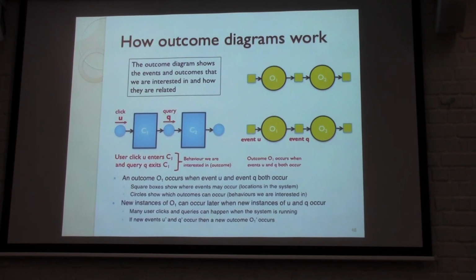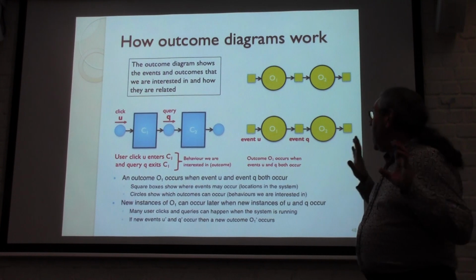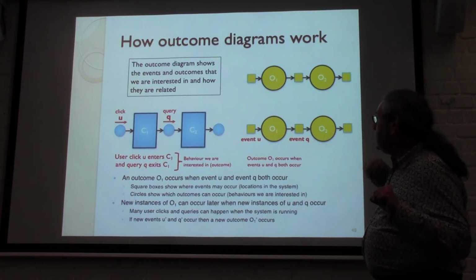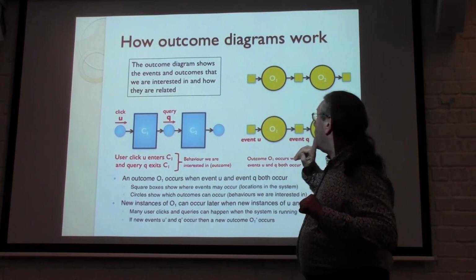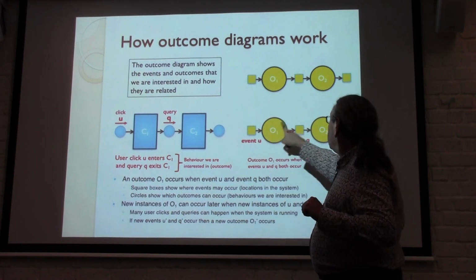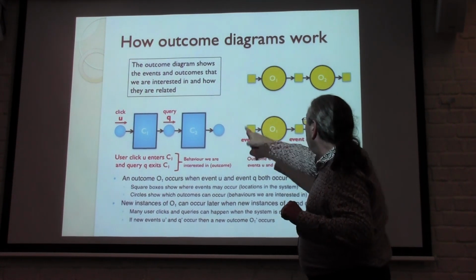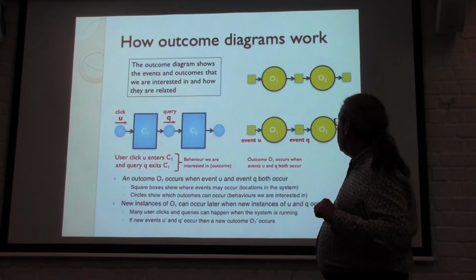Okay, a little bit more technically, the outcome diagram is more like classes than objects. It means each time you click, you get a query coming out. So each time you have a U event, you have a Q event. You can have more than one U event, and each U event is connected to a Q event.